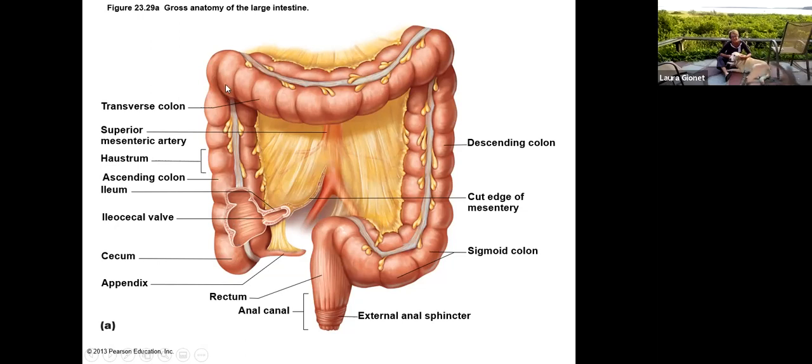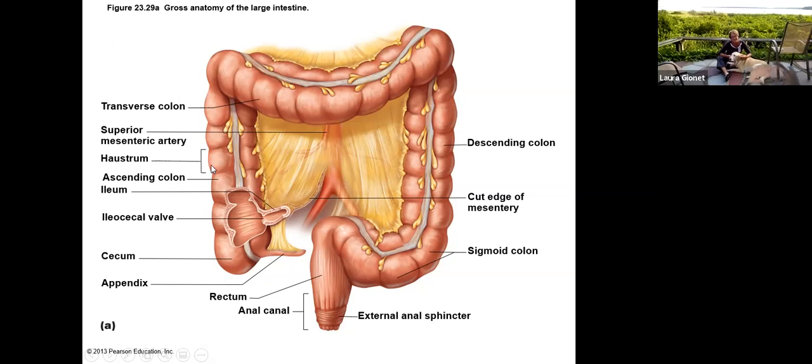You have the ascending colon, transverse colon, descending colon, sigmoid colon, kind of S-shaped and heads back toward your sacrum. And then you have the vertical terminal region of the rectum with the external anal sphincter to control defecation. You see how you have these little rings or tucks that are in the large intestine.